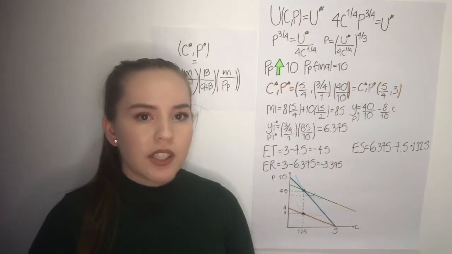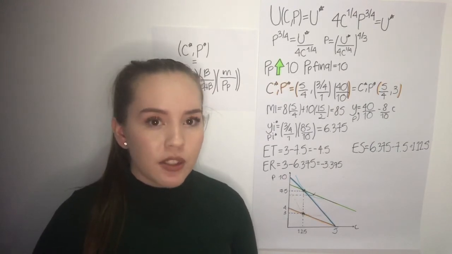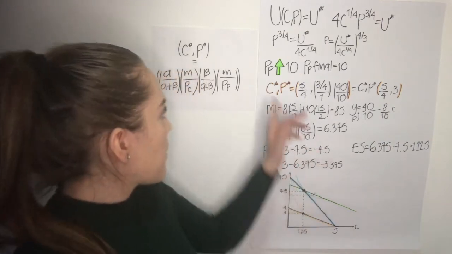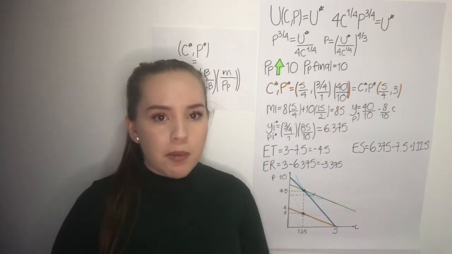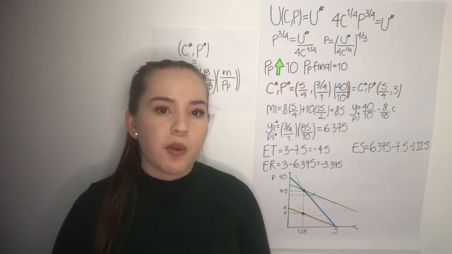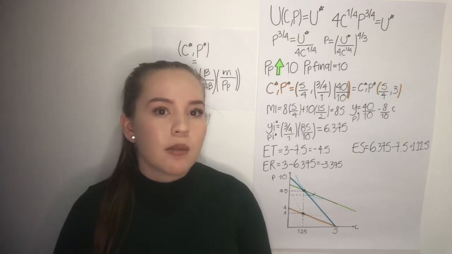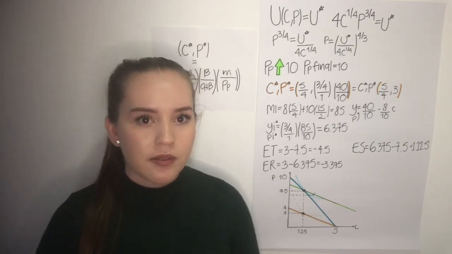All this was in order to find our optimal basket. Now, it turns out that the price of chicken cakes rose to 10. So the final PP is 10, and as we have already demonstrated all the previous algebraic part, the most practical thing is to use this formula.